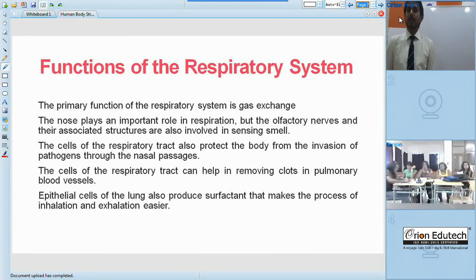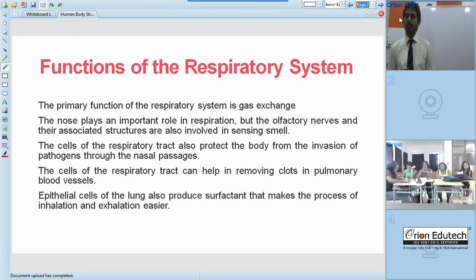The primary function of the respiratory system is gas exchange between the body and the environment, in which the nose plays an important role in respiration, but the olfactory nerves and their associated structures are also involved in sensing smell. The cells of the respiratory tract also protect the body from invasion of pathogens through the nasal passage.